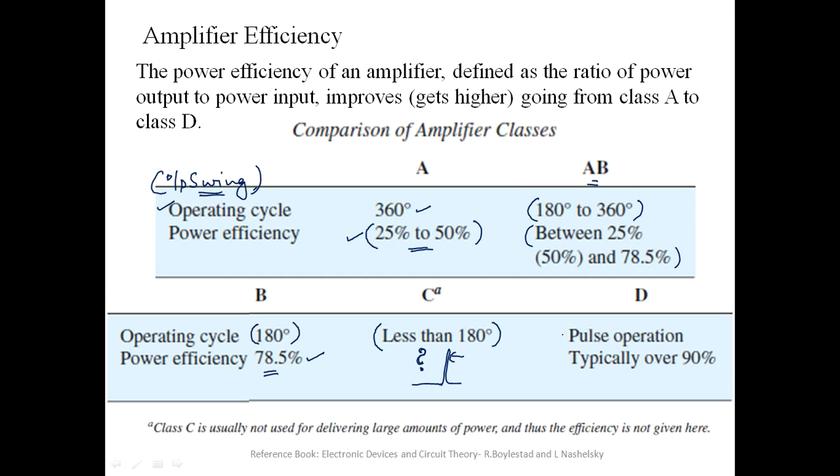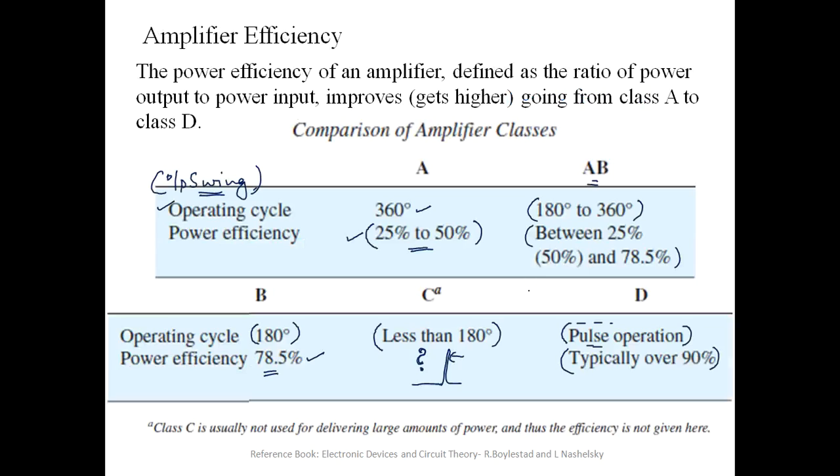Then finally class D, since it is pulsed based operation, its efficiency is typically over 90%. So in terms of efficiency, class D amplifiers are much better, because of the pulsed operation or the digital nature of the signal.